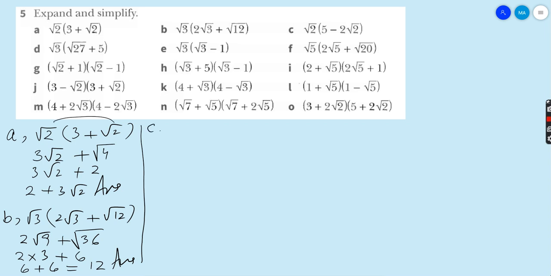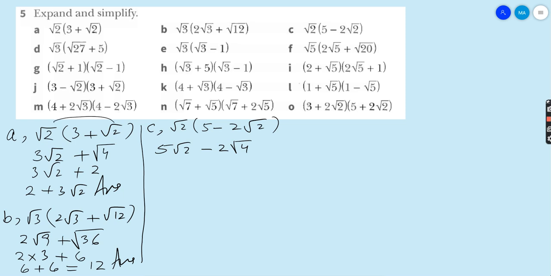Come to part C. Root 2 into 5 minus 2 root 2. Root 2 into 5 is 5 root 2, and root 2 into 2 root 2: root 2 into root 2 is root 4. So multiplying root values means just multiplying the inner values of the roots.